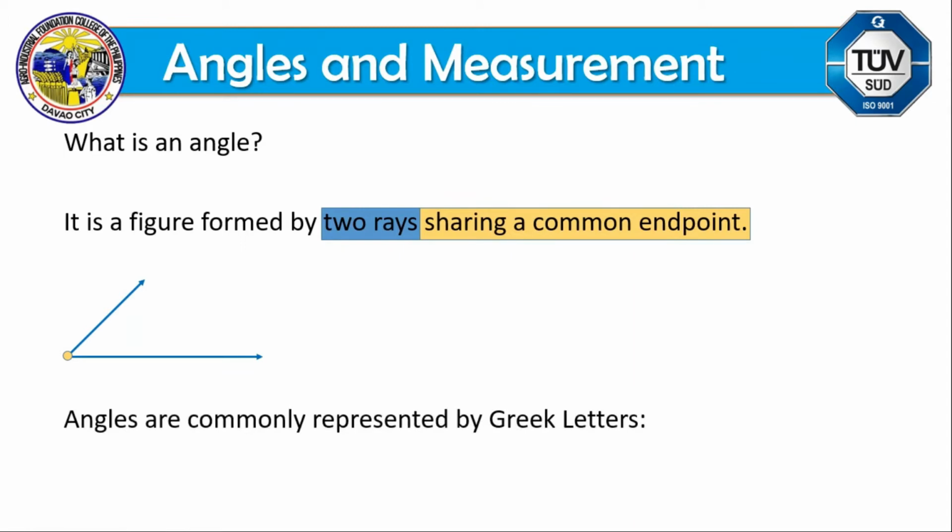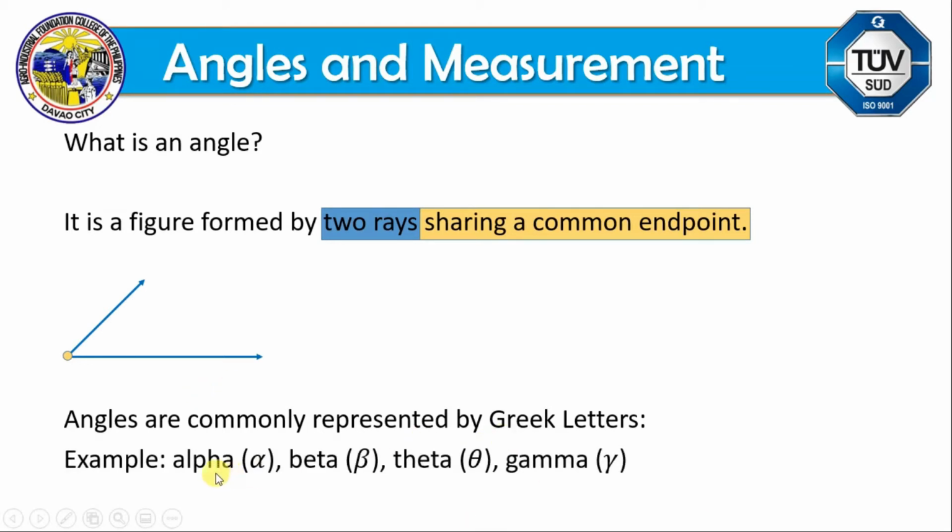Angles are commonly represented by Greek letters. When we solve problems later on, we will notice that most of the angles are represented by Greek letters. Commonly we have alpha, beta, theta, and gamma. There are many other Greek letters, but these are the most common ones being used.